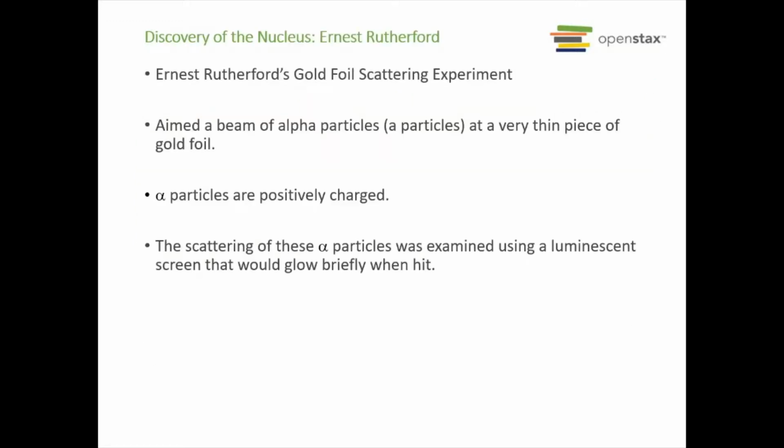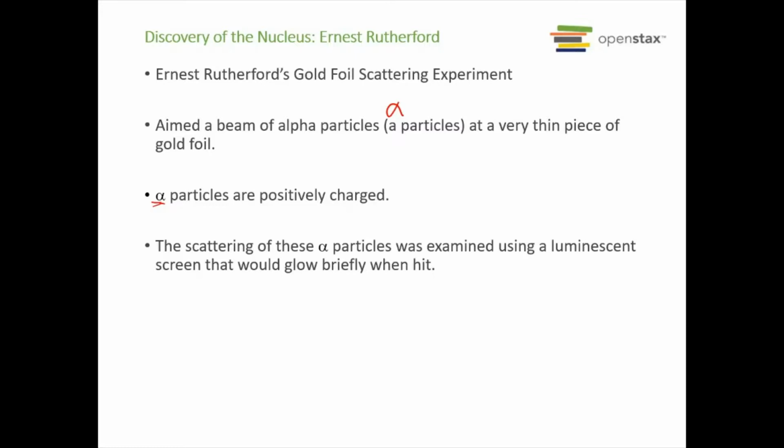So the next major discovery was that of the nucleus. This was done by Ernest Rutherford and his gold foil scattering experiment. He took some alpha particles, and aimed them at a very, very thin piece of gold foil. Now, alpha particles are positively charged.